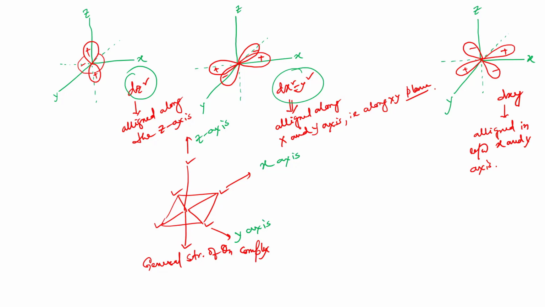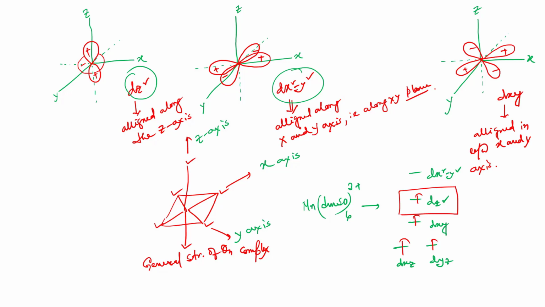Now thinking of this system of Mn(DMSO)6 3+, where the d orbitals split like this, easily you can see that there is an electron in dz square and no electron in the dx square minus y square orbital.